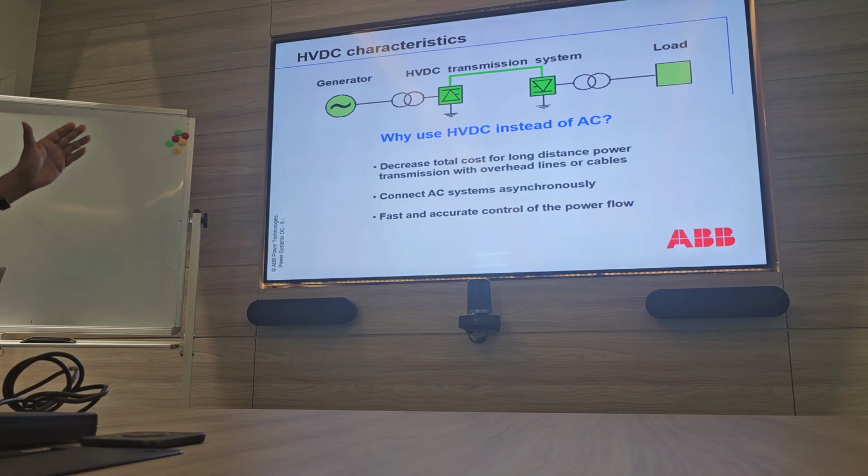So I just want to explain the HVDC characteristics here. Why do we need HVDC instead of AC transmission lines? We have AC transmission, we have DC transmission. Why do we prefer DC transmission nowadays? Losses. AC needs more conductors, more losses. DC is less: only two conductors, positive pole and negative pole, and losses are less.